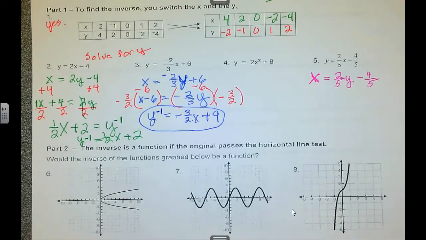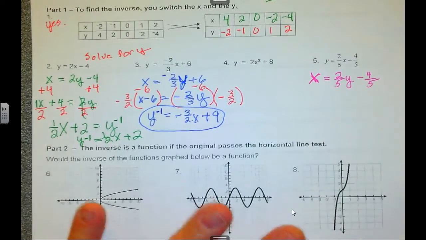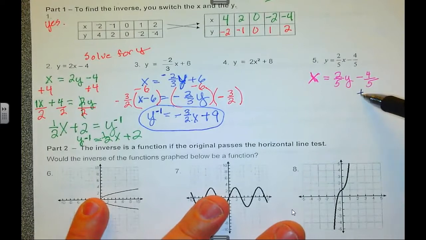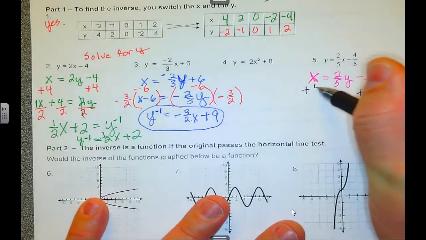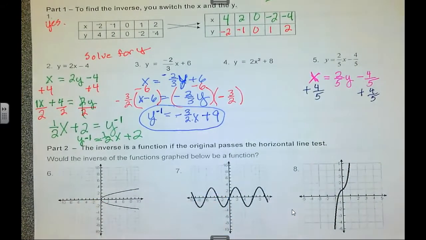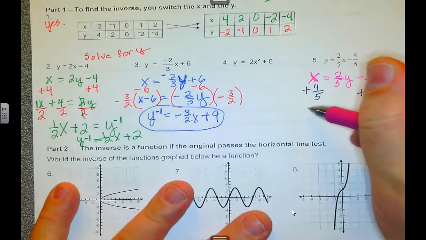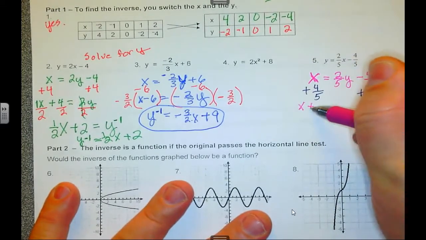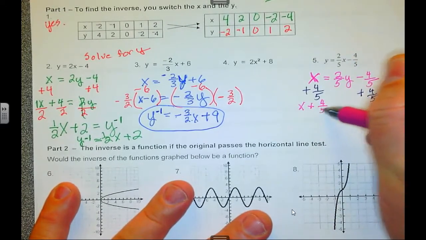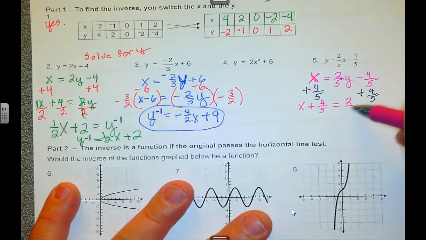All right. So now I've got to solve for y. Well, first I'm going to add 4/5 to both sides. So I have x plus 4/5 equals 2/5 y.